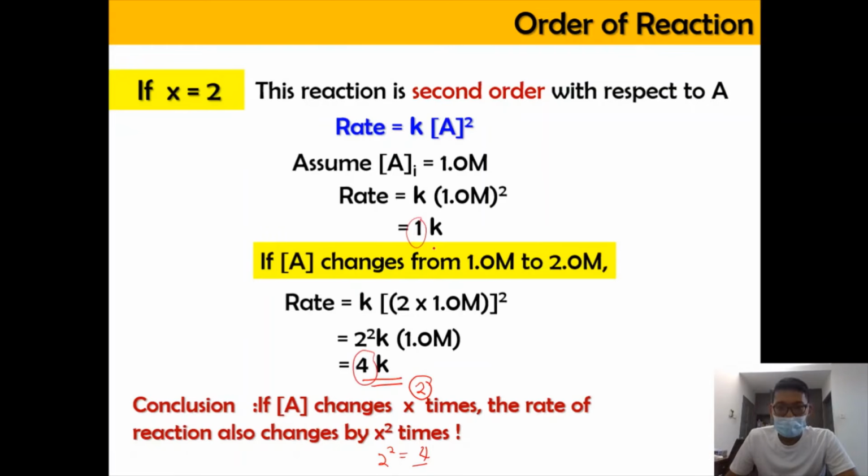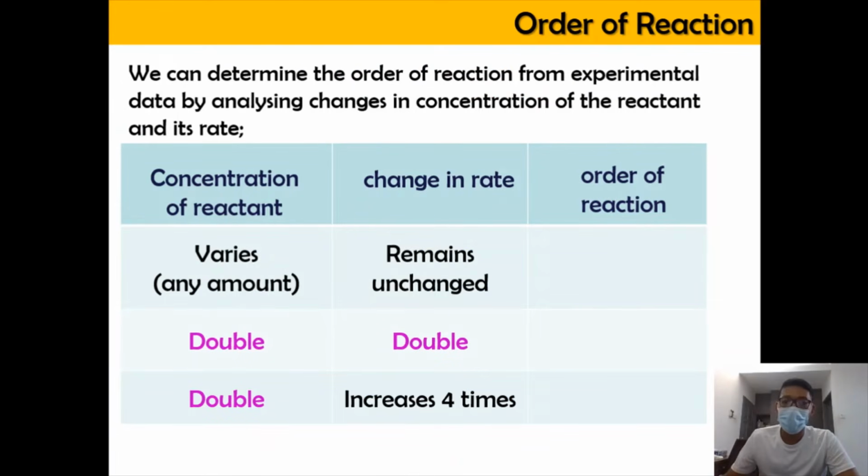Alright, so in order to understand this better, let's look at this summary. For the zero order reaction, when the concentration of the reactant varies, it does not have any impact on the rate. But for the first order reaction, if the concentration of reactant is doubled, the rate will also be doubled.